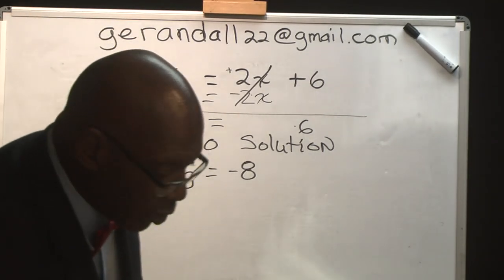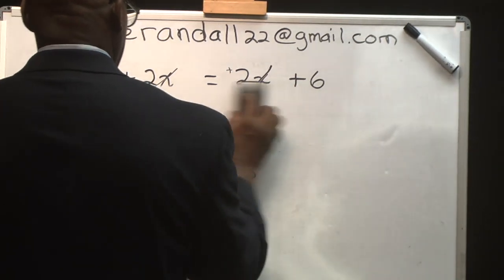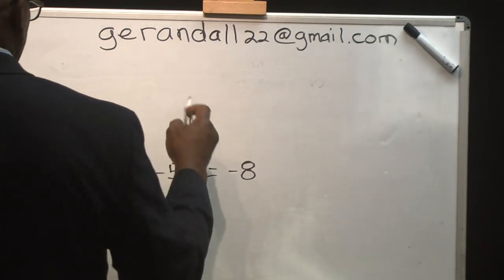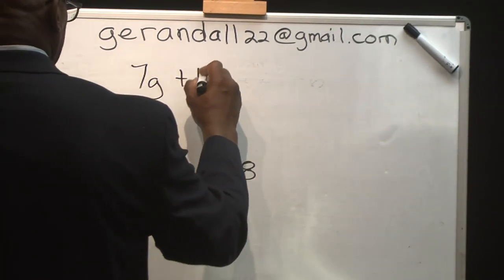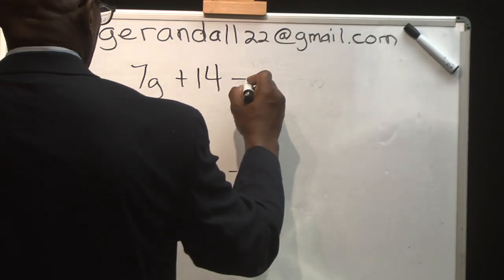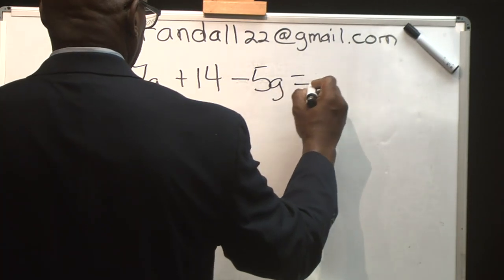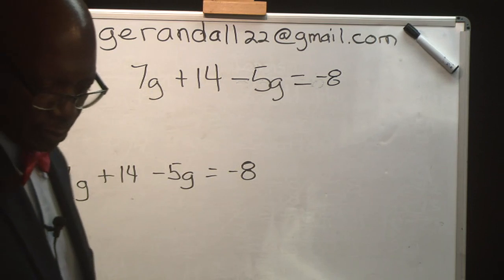Now, let's look at one more. And we'll bring this up higher so you can see it. 7g plus 14 minus 5g equals minus 8. Okay.